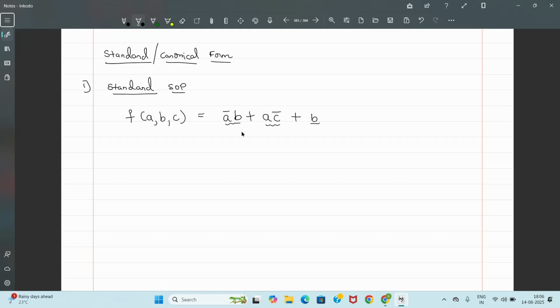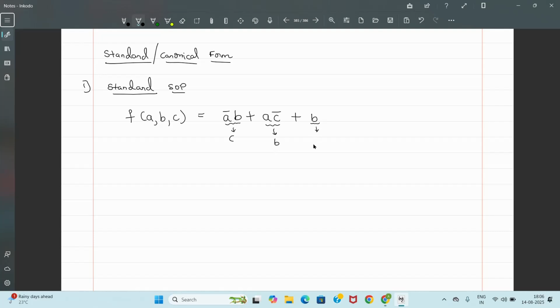What's the meaning of standard form? Every minterm that is there in the equation should have all the variables of that function. For example, if I take the first one, it has only a and b. C is missing. So you have to include the c in the equation in such a way that this particular term will have all the three variables a, b, and c. If I take the second one, b is missing, I have to include it.